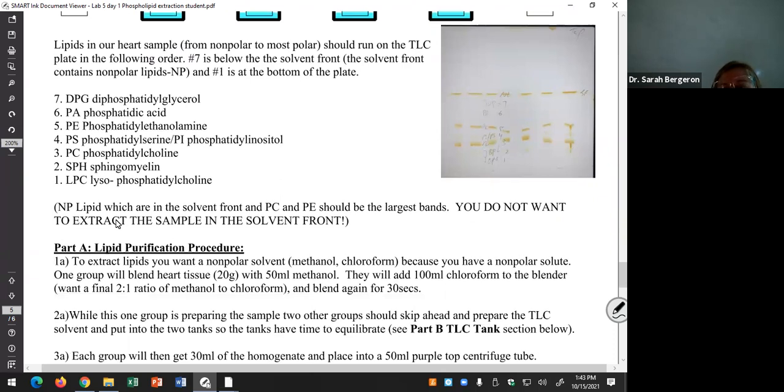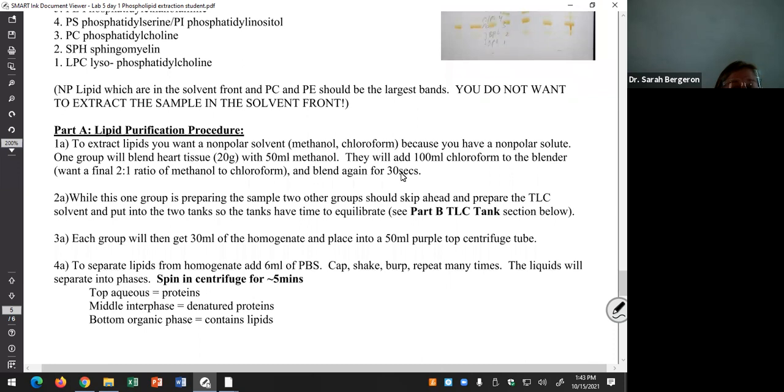Okay, and I said that the nonpolar lipids, which are in the solvent front, and the PC and PE should be the largest bands. So those give you really good indicators to help you figure out which ones are which. We do not want the nonpolar lipids. We only want the polar lipids. So do not collect the solvent front. Okay, so put yourself a little note: do not collect the solvent front.